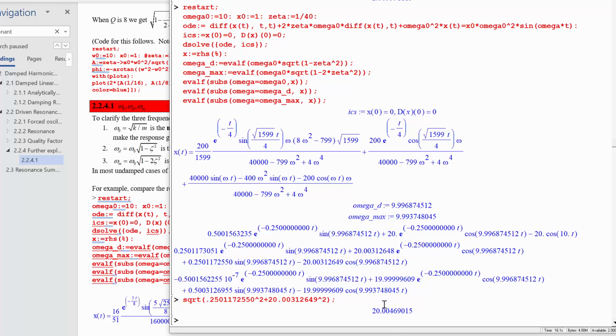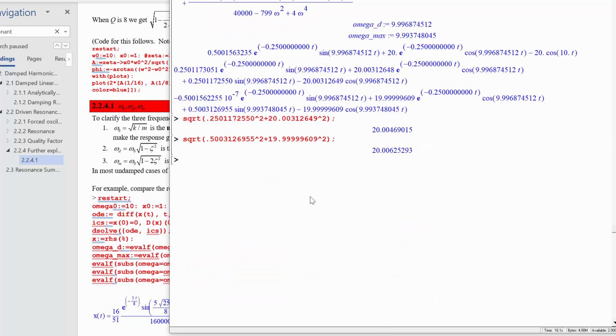And then the third frequency, the actual resonant frequency, of not 10 rads per second, but 9.993748045 rads per second. This one gives us not 20, but 20.006, slightly higher.